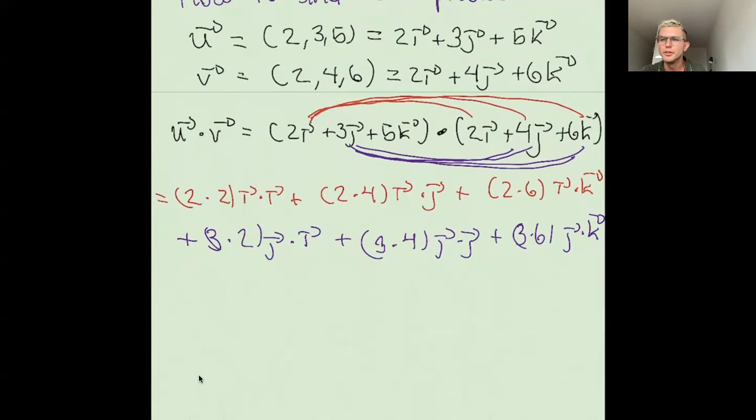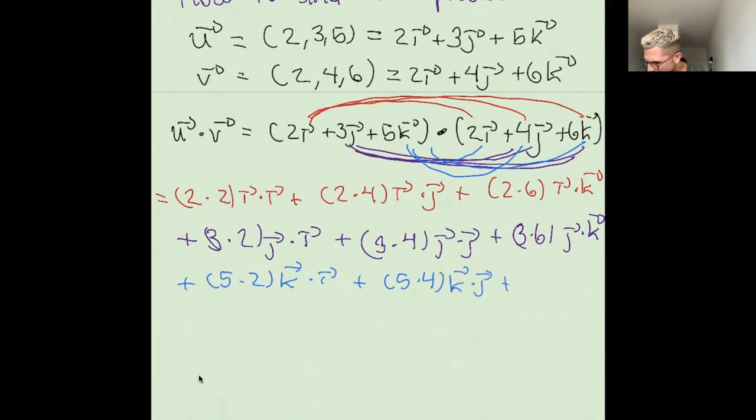It's not that you have to do this every single time. I'm just trying to show you how it actually appears, and then you forget, and I'll write the formula, and that's what you keep using. And then you do 5 times 2 k dot i plus 5 times 4 k dot j plus 5 times 6 k dot k.